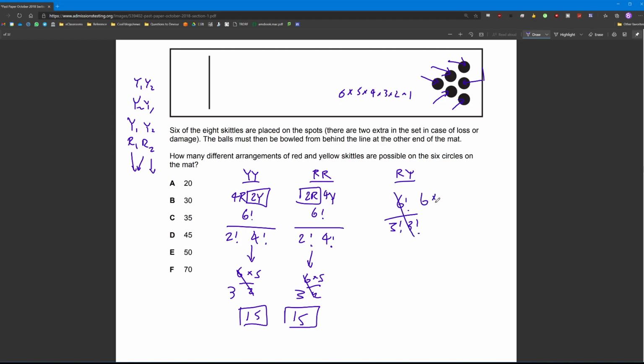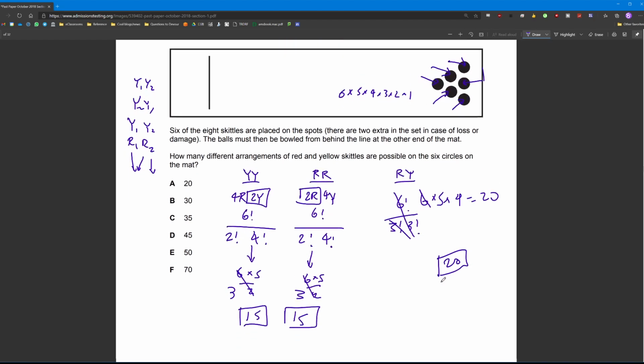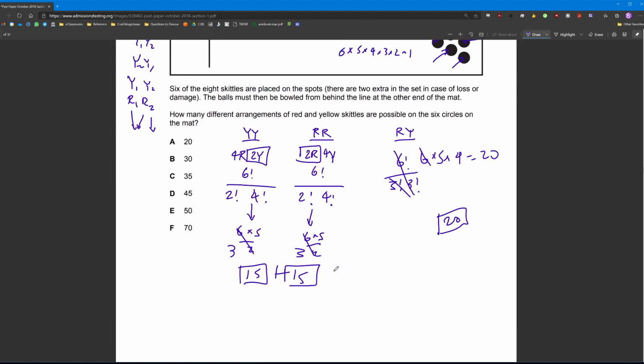This cancels to 6 times 5 times 4, and 3 factorial is 6, meaning 20 possibilities for 3 red and 3 yellow Skittles to be placed on the mat, meaning that our final answer is 15 plus 15 plus 20, or 30 plus 20, which is 50. And that's our answer, 50.